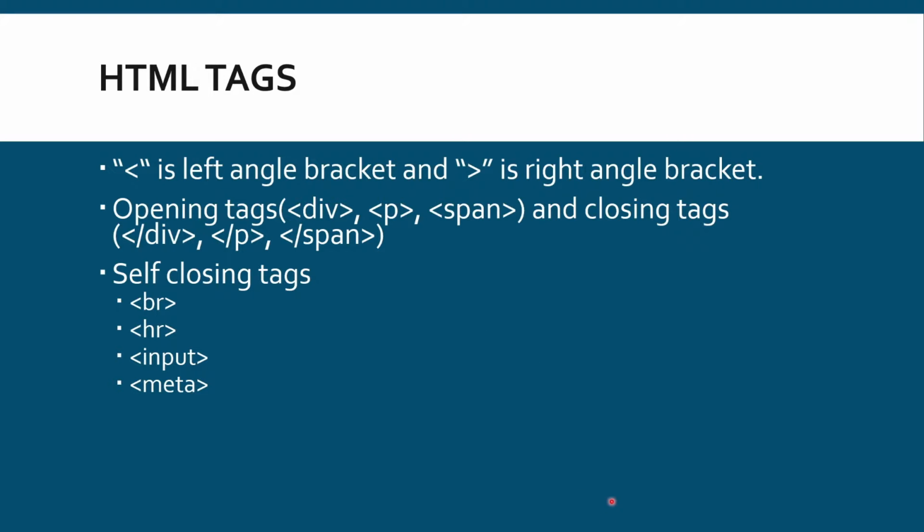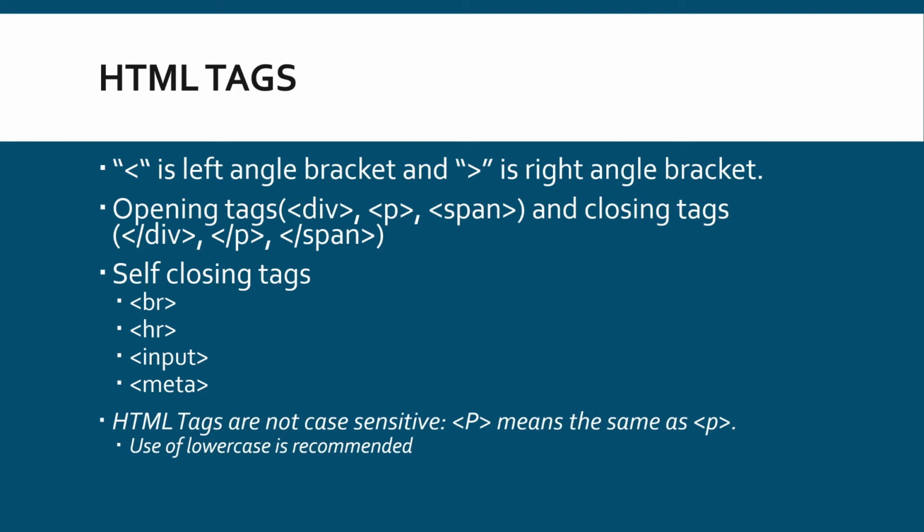Note that tags are not case sensitive. So uppercase tags and lowercase tags are the same in HTML, but lowercase tags are recommended and almost everyone uses lowercase, as far as I have known.